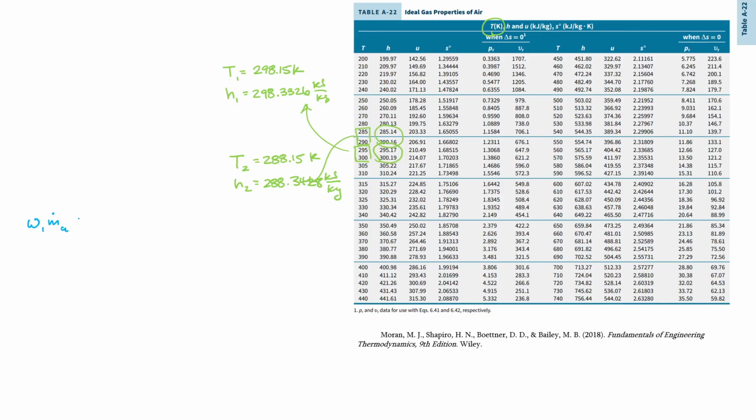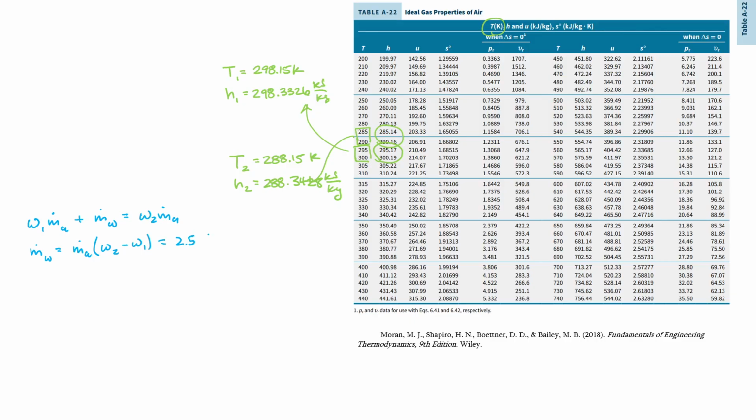So conservation of mass: the amount of vapor going in plus the amount of water going in is going to be equal to the amount of vapor going out. So my mass flow rate of the water is going to be equal to the mass flow rate of the air times these two humidity ratios.